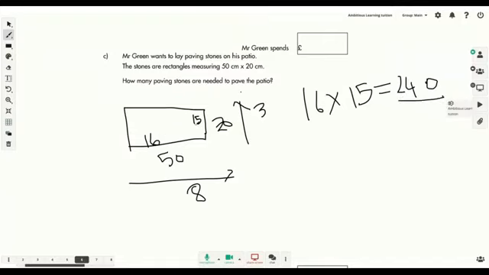And some people would ask, from where did we get 15 and 16? We divided 300 by 20. That gives me 15.